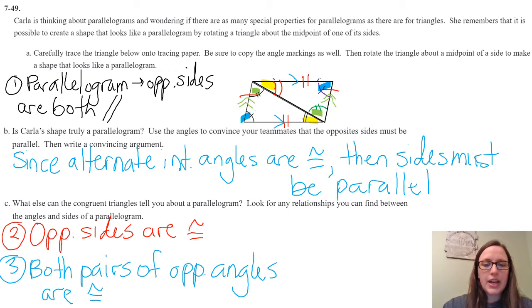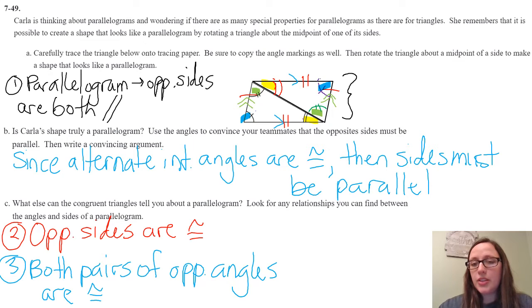All right, and then lastly, we know that the blue, green, and yellow angles are all in one triangle, and the three angles in a triangle add up to 180. The blue, green, and yellow are all on the same side of the parallelogram, so that means that these consecutive angles next to each other always add up to 180.